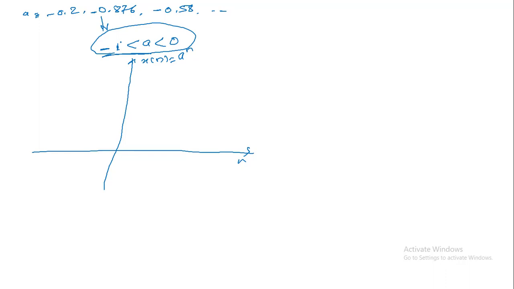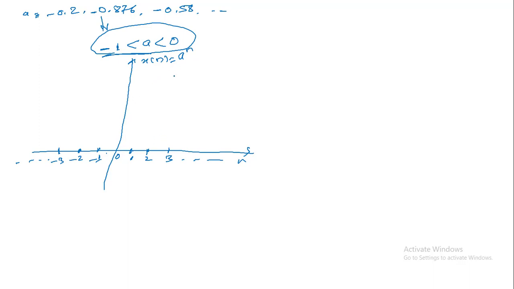So when I'm taking the values of discrete time small n and trying to identify the value of a to the power n, how will these values vary now.